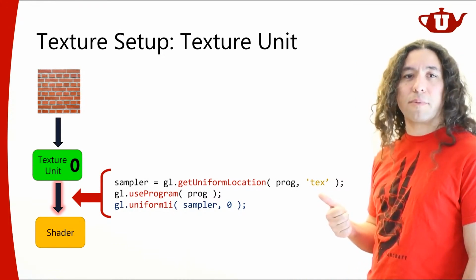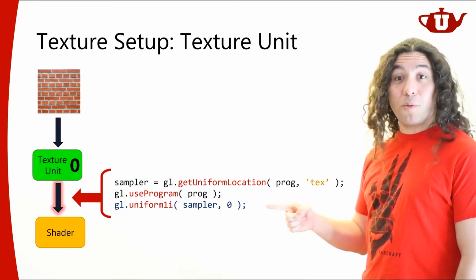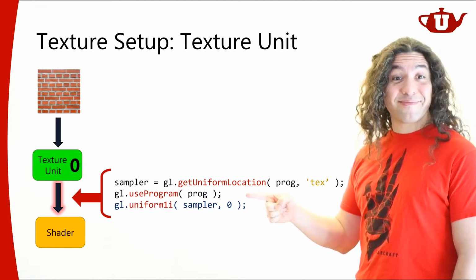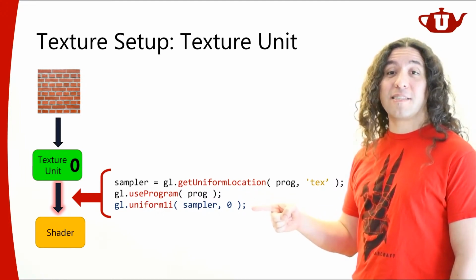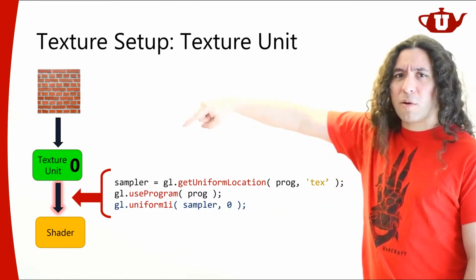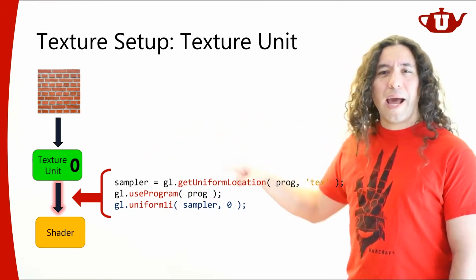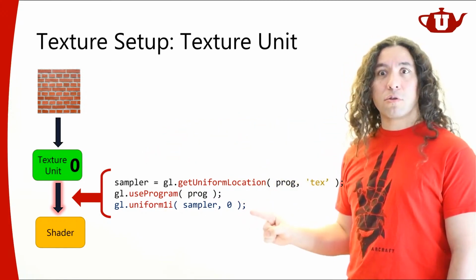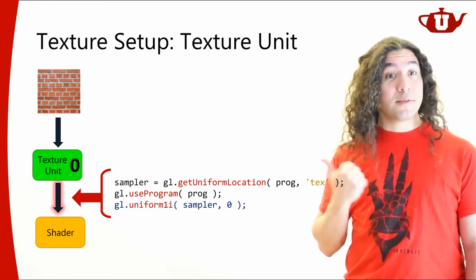I call it text, so it's going to be text. I'm just going to get its location, and then I'm going to bind my program, that's using it, and finally I'm going to set its value. Now, what did I do? Now I took its location and I set it to the sampler variable here, and I'm setting the sampler to 0. I didn't set it to my texture.